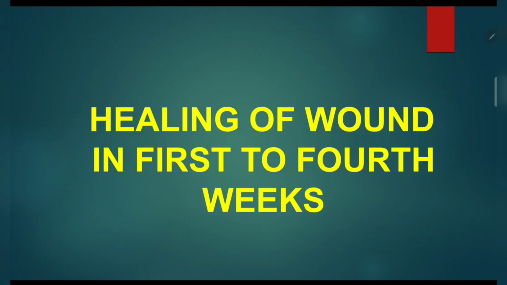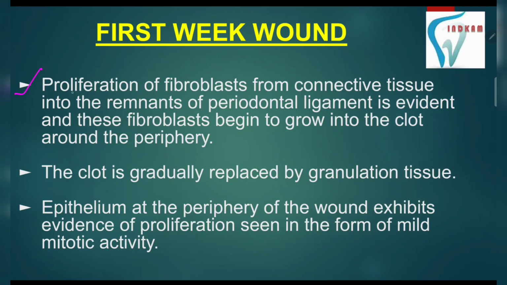Healing of wound in 1st to 4th week. Here, proliferation of fibroblasts from connective tissue into the remnant of periodontal ligament is evident, and these fibroblasts begin to grow into the clot around the periphery. The clot is gradually replaced by granulation tissue.